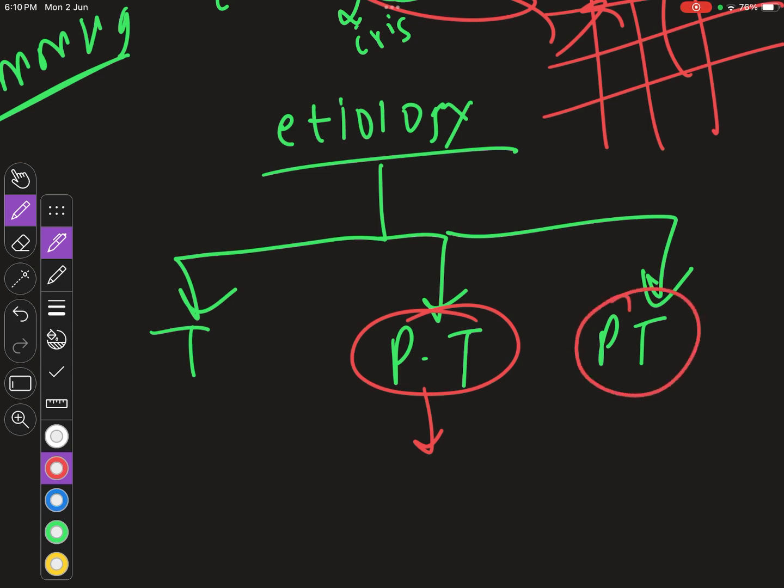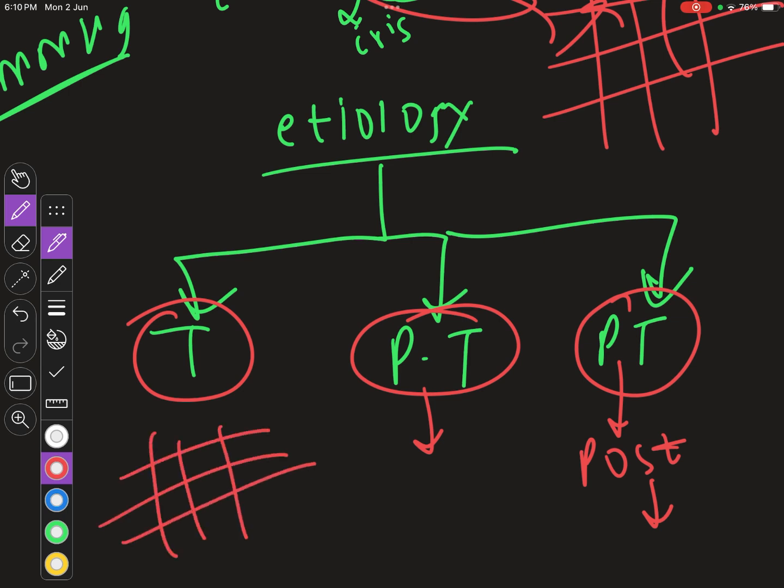In a post-trabecular block, there is a block in the episcleral veins that prevents the drainage of aqueous humor. And then there's a trabecular block happening in the trabecula itself. My mesh is not right. There is some dirt or some cells clogging the open spaces of my mesh. So this is trabecular, this is pre-trabecular, and this is post-trabecular.